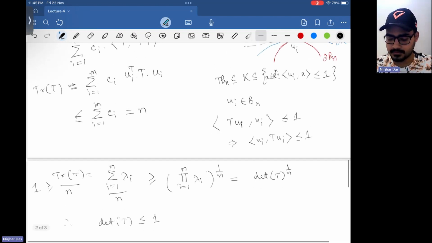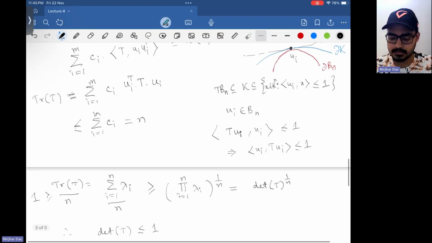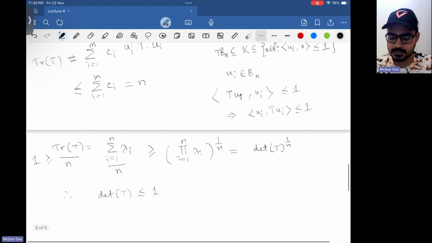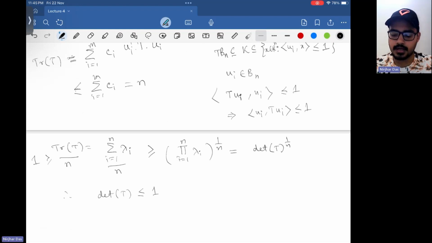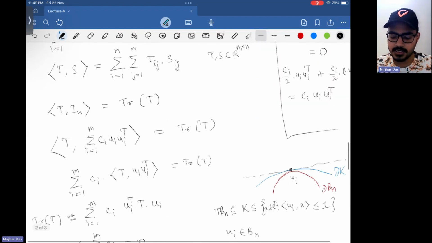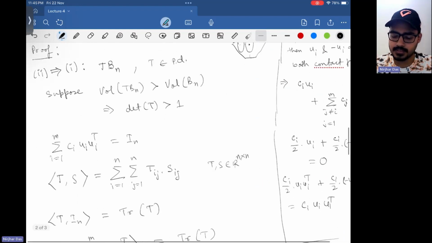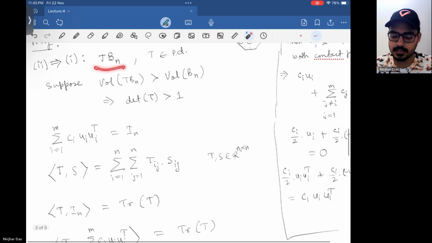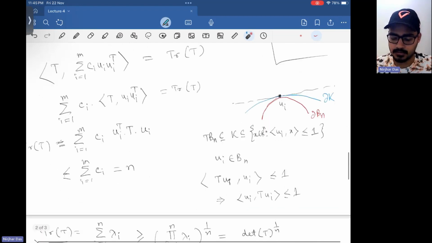So basically, this is a contradiction. It shows that any ellipsoid T Bn that is contained in K must have determinant at most 1.